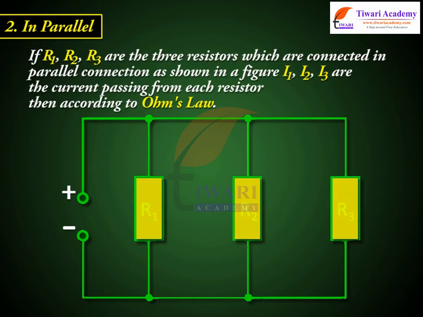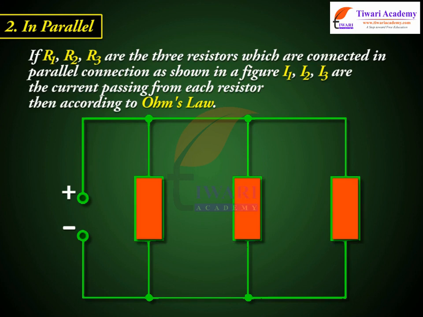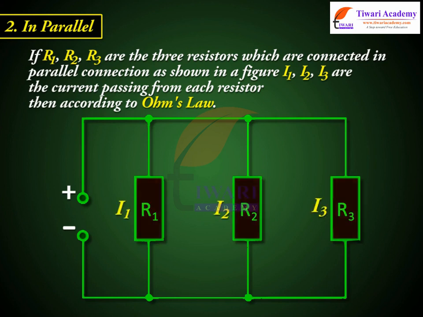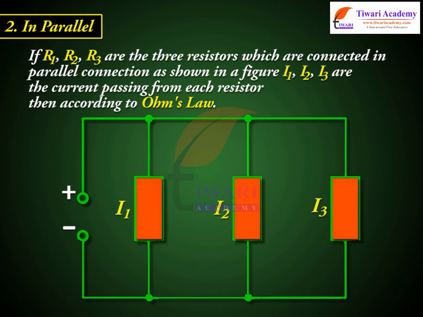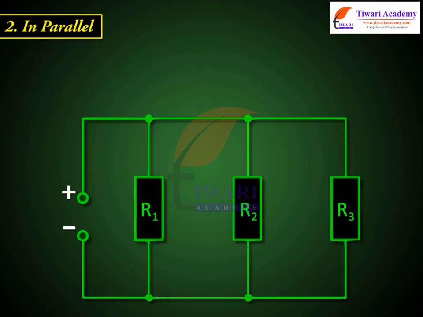If R1, R2, R3 are the three resistors which are connected in parallel as shown in the figure, and I1, I2, I3 are the currents passing through each resistor, then according to Ohm's law, I is equal to I1 plus I2 plus I3.